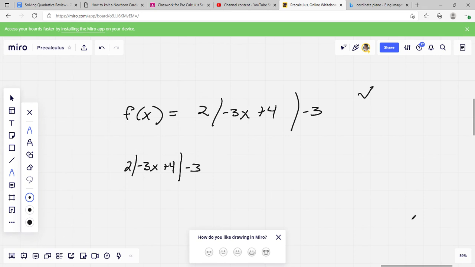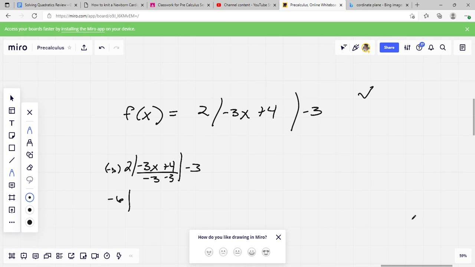Nothing multiplying that x. The x term can't have a coefficient. So I'm going to divide by negative 3, and that means I have to multiply this by negative 3. So I'm just pulling that negative 3 out, like the opposite of the distributive property, the opposite of rainbowing. So instead of doing it like that, we're doing the opposite. Okay, so 2 times negative 3 would be negative 6.